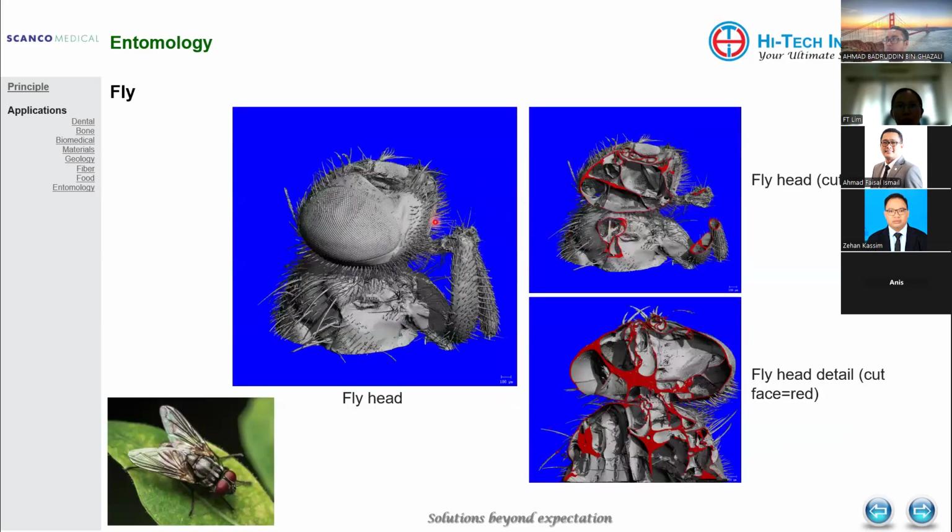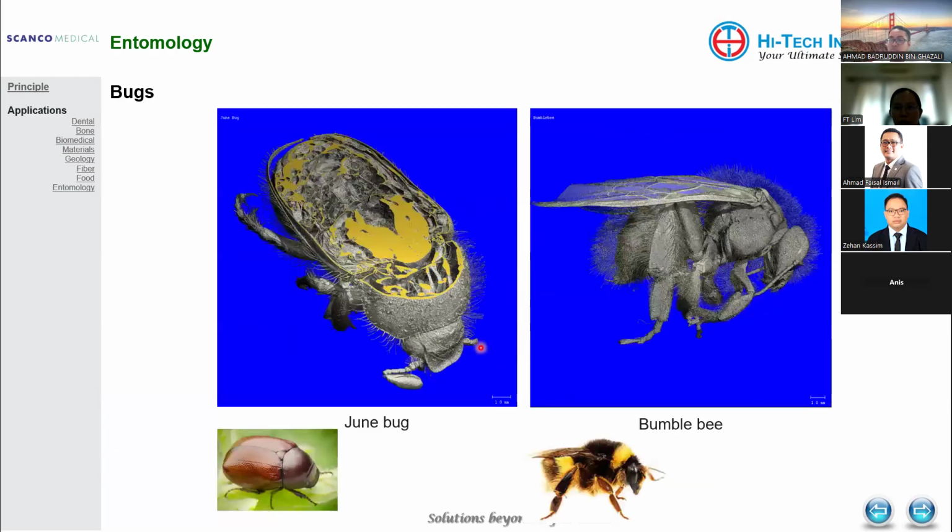You can get all these details, the compound eyes, and all these hairy structures. And also from this bumblebee, which has very fine, very soft structures of the hair, which is able to be captured by the MicroCT. So it shows how powerful the software of this MicroCT is.